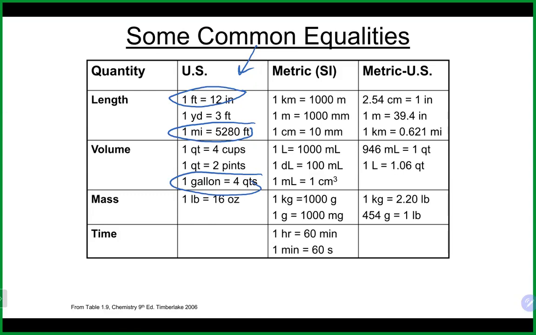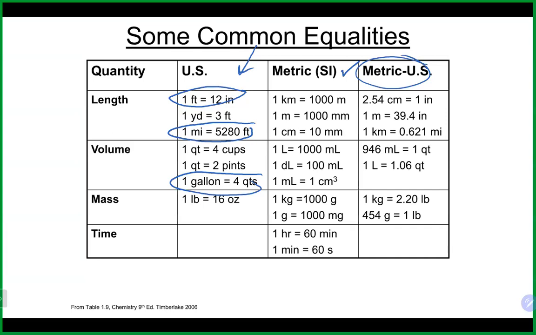This is metric, which, as we've been talking about, pretty much you should know what's in this column for sure. If you're using any of these equalities here, it is a metric to metric conversion, which means it is an exact number and you don't have to worry about it in your calculation. Now, if you come over to this here where we're crossing over, you actually do need to take into account the significant figures in those conversion factors.